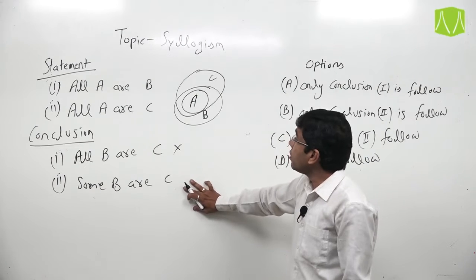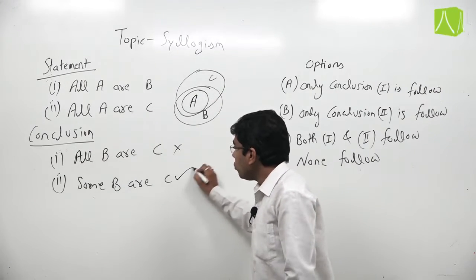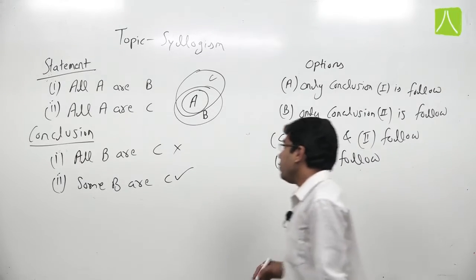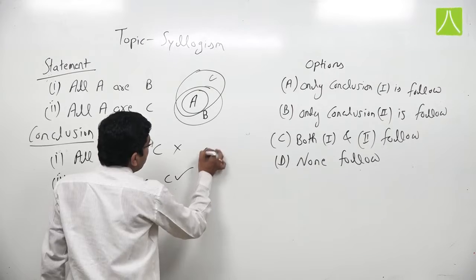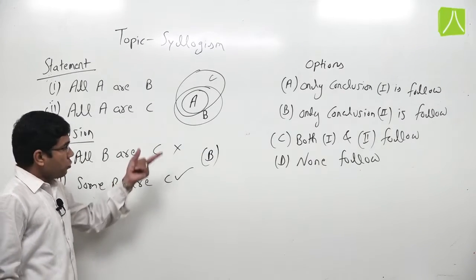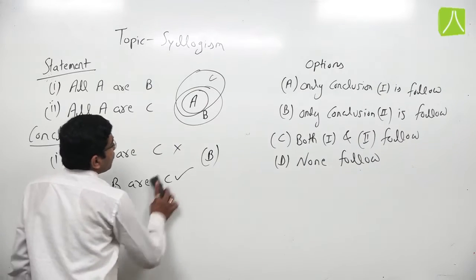Second conclusion, some B are C: obviously B and C are connected. So for this question our answer should be option B, in which only conclusion second follows. So our answer is option B. Now take the next example.